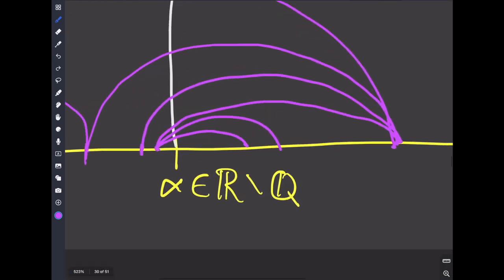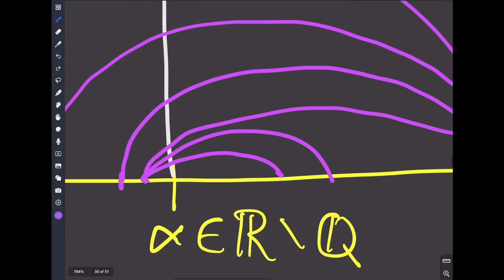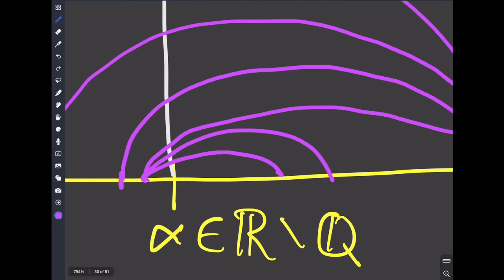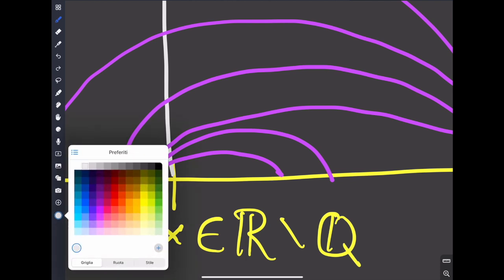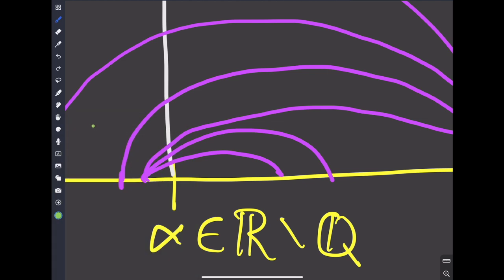Between two consecutive ones, consider the Ford circles. They don't look orthogonal to R anymore, but take this one and the next one. I know that they are tangent here, so this point is this point.